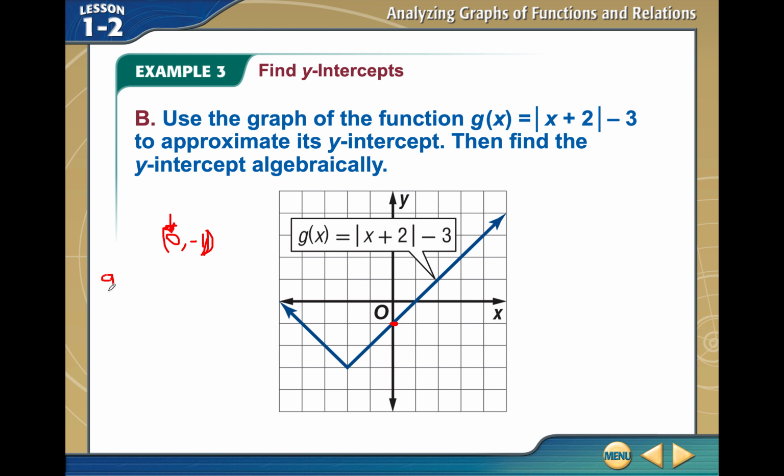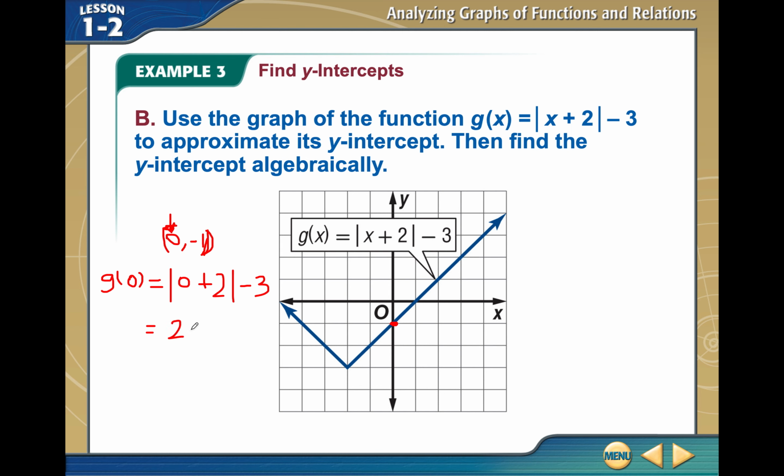So g of 0 is equal to, now we plug in the value 0 into x, absolute 0 plus 2, close the absolute, and minus 3. 0 plus 2 is just 2, and absolute of 2 is just 2.